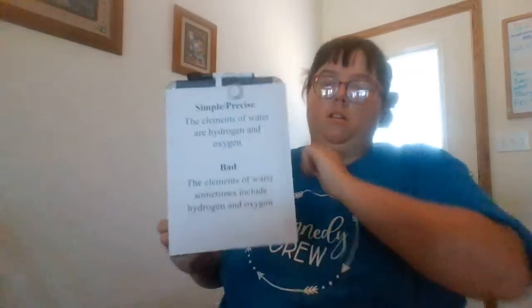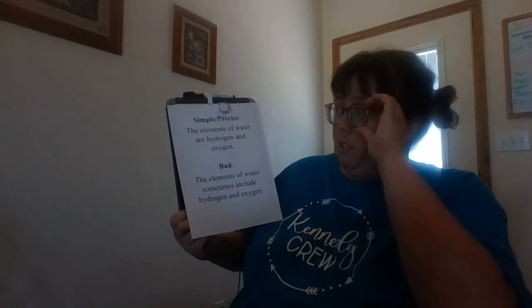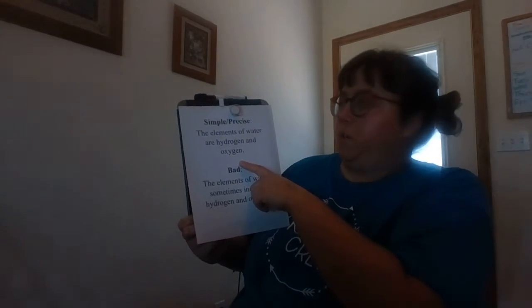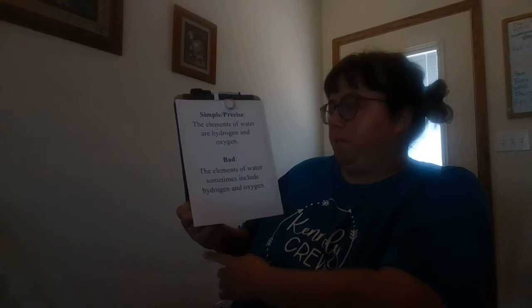So, my example of using simple and precise wording is this. All right. My example of a simple and precise test question would be: the elements of water are hydrogen and oxygen.